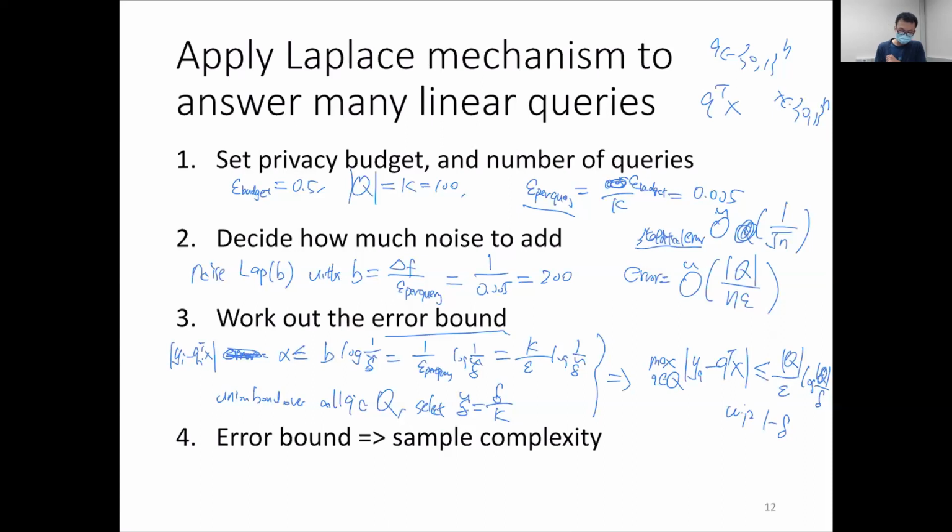Okay, one more generic thing that we typically talk about is to translate this error bound of the form Q log Q over delta over an epsilon into sample complexity. So this is a normalized error.